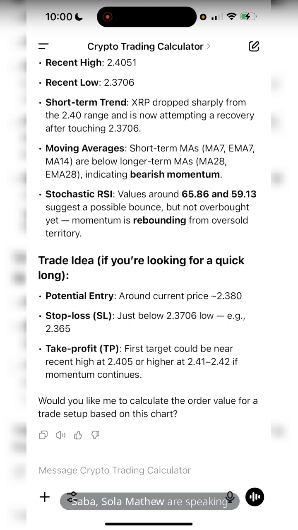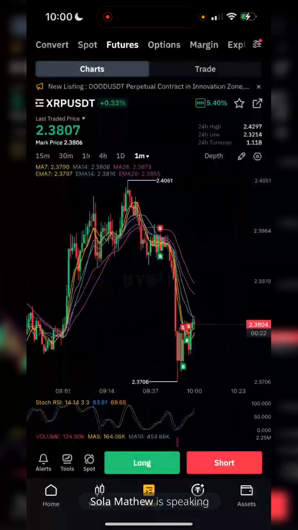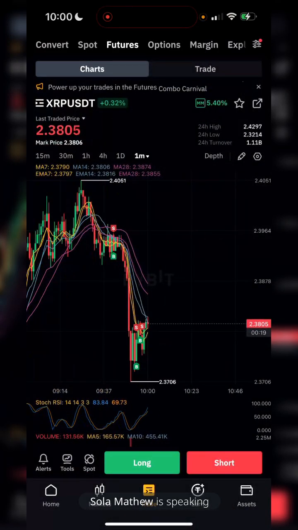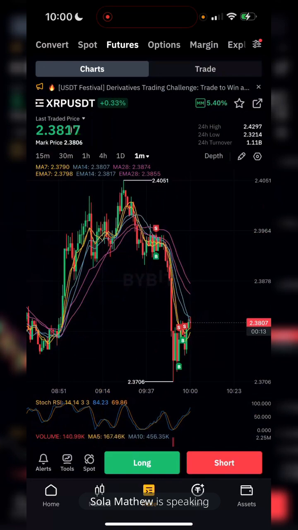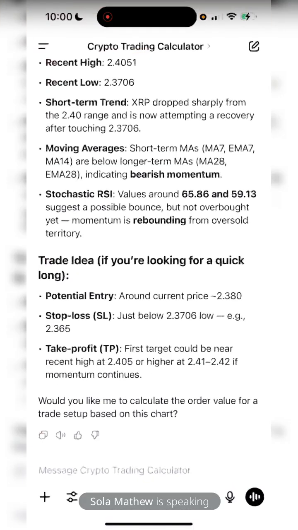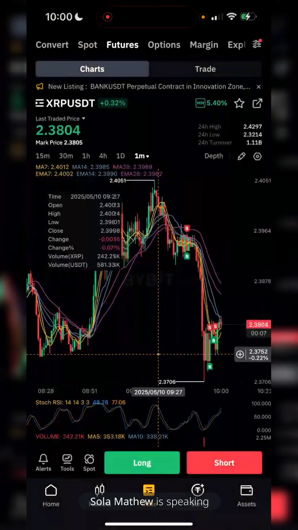Yes. So you say potential entry 2.380. So if you come to, let's say, 2.380, you can enter the trade around this 2.380. Then you say you should set a stop loss. Your stop loss should be 2.3708.